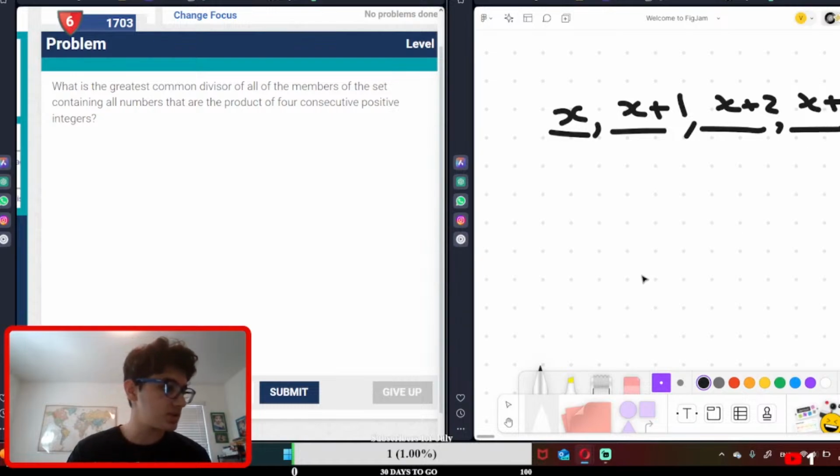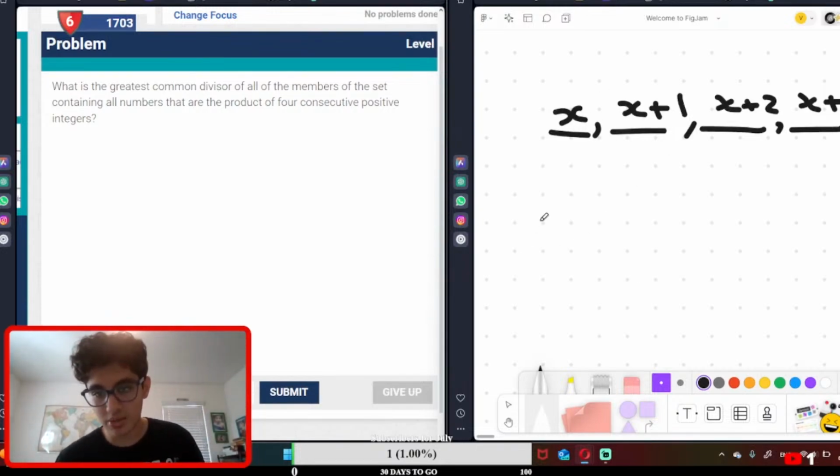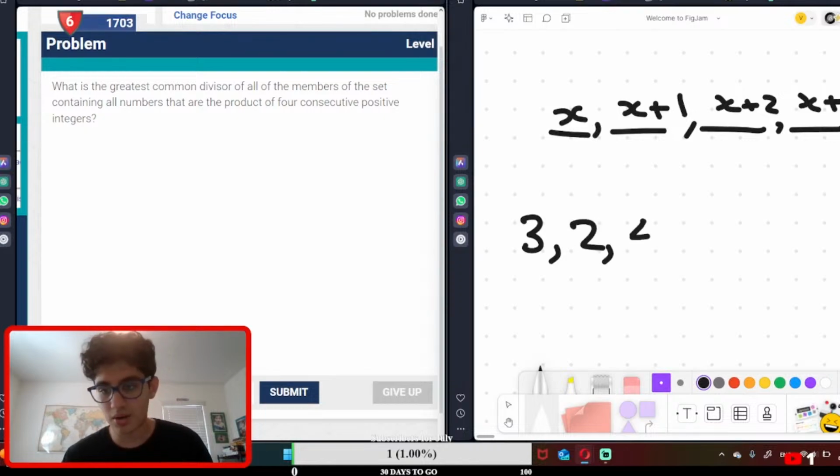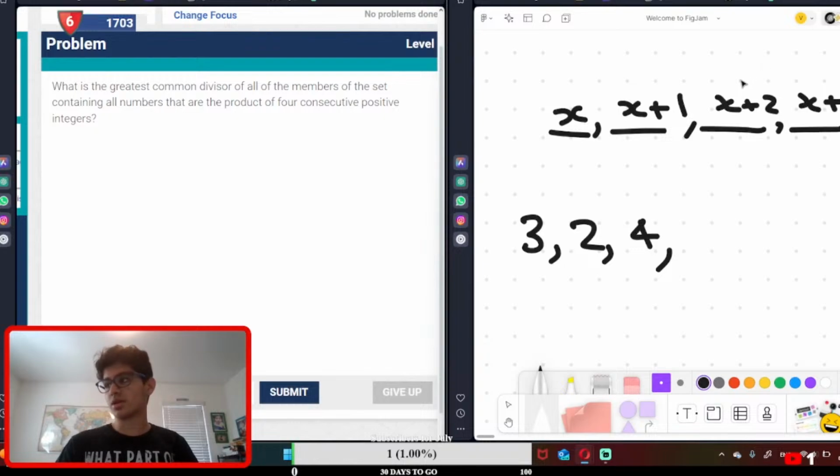At least one of these will be a multiple of 3. One will be a multiple of 2. One will be a multiple of 4. So it'll just be the product of all of those. Also you could just do 1, 2, 3, and 4. That would also work, right? So this will just be 24. So multiply them up.